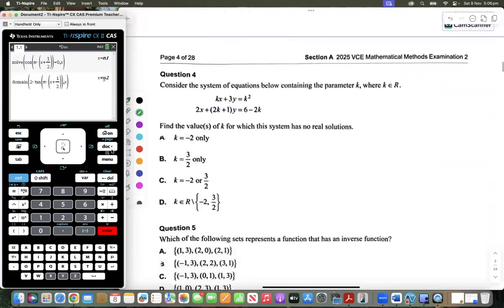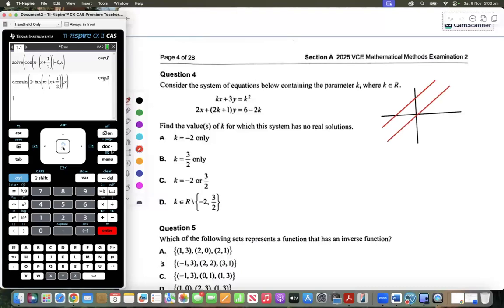Okay, next one. The next question is a simultaneous equation question. This is a system of equations. Find the values for which this system has no real solutions. No real solutions in the sense that these two lines should be parallel.